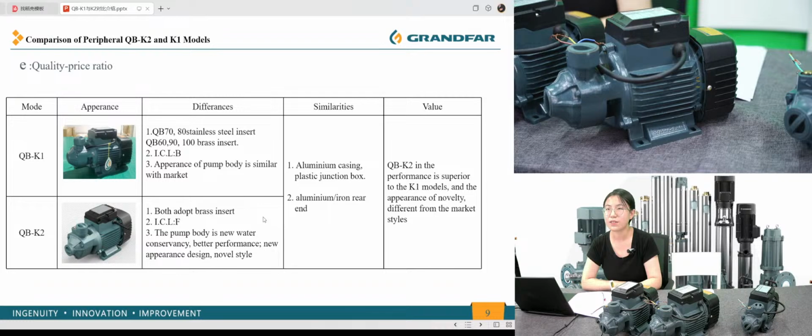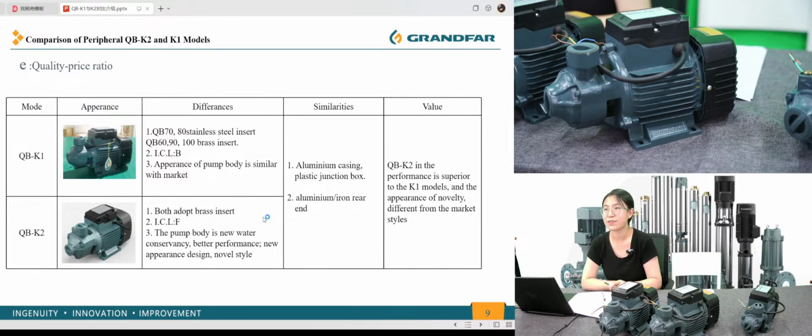And in the new product, they both adopt the brass insert, not the same as the old one. Some of the old models used a stainless steel insert and some used a brass insert, but in our new product they both adopt the brass insert. It's an improvement.